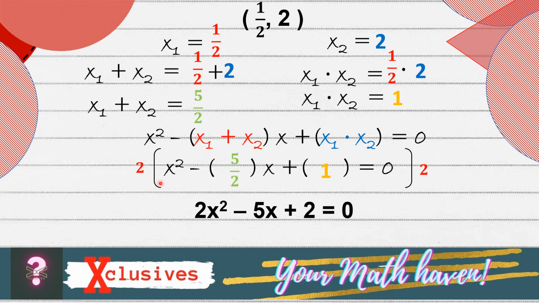So 2 times x squared, that is 2x squared, minus 2 times 5 over 2, that is negative 5x, plus 2 times 1, that is 2, is equal to 2 times 0, that is 0. So our equation is 2x squared minus 5x plus 2 is equal to 0.